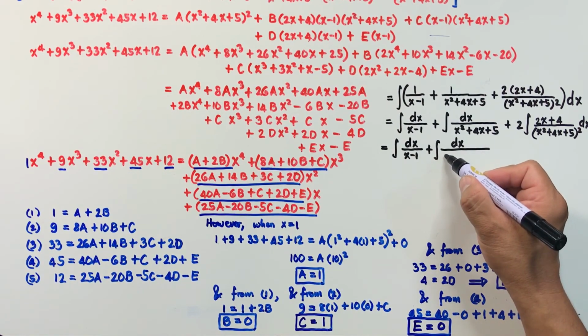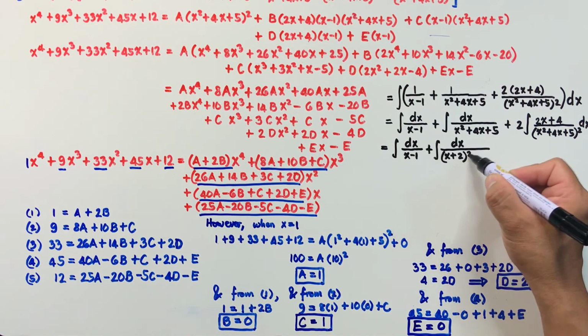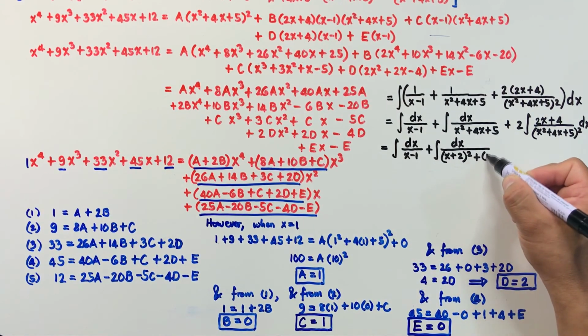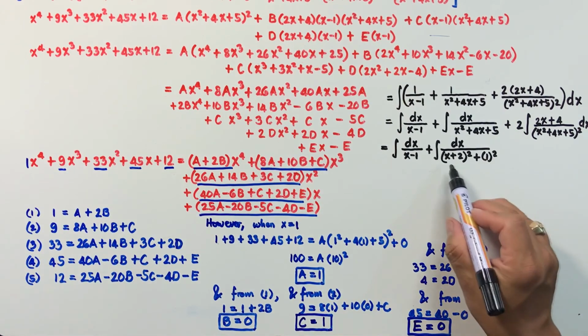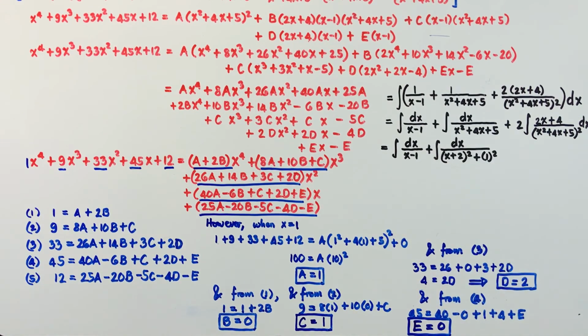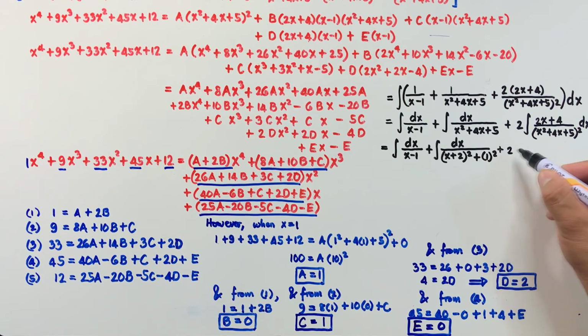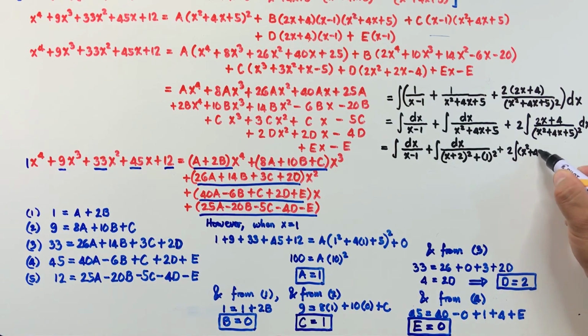So this is x plus 2 quantity raised to the exponent of 2 plus 1 squared, and you can check that this is equal to this by completing the square, and plus 2 times the integral of x squared plus 4x plus 5 to the power of negative 2 times 2x plus 4 dx.